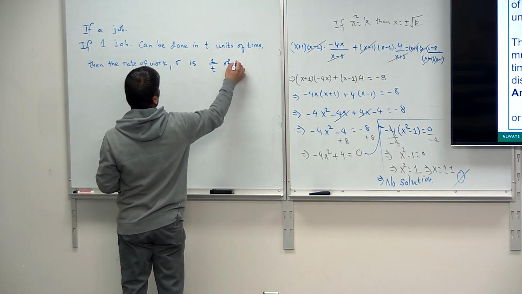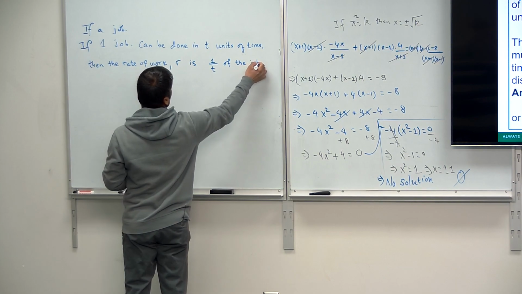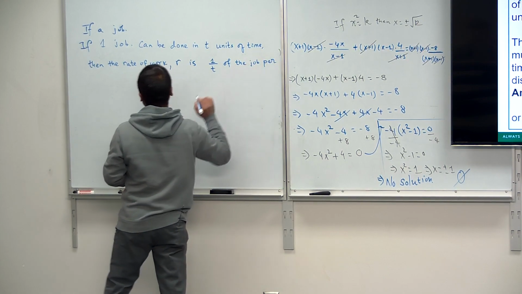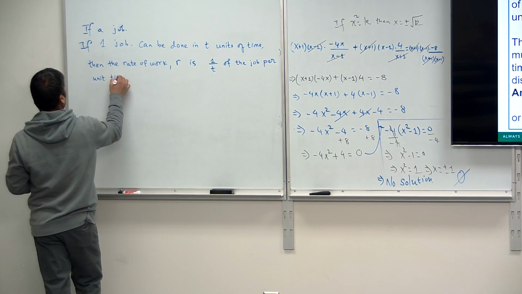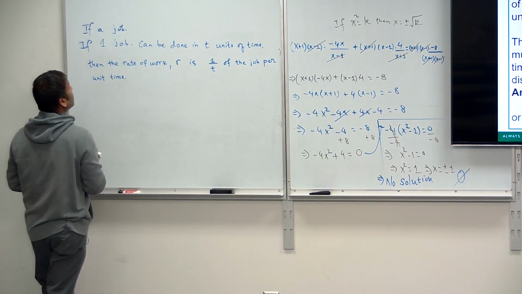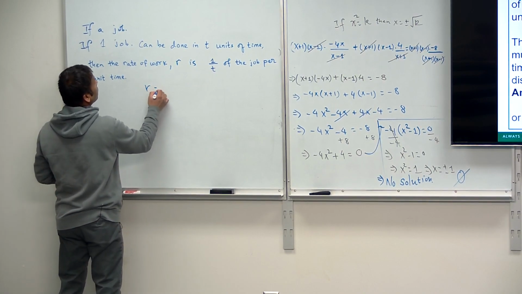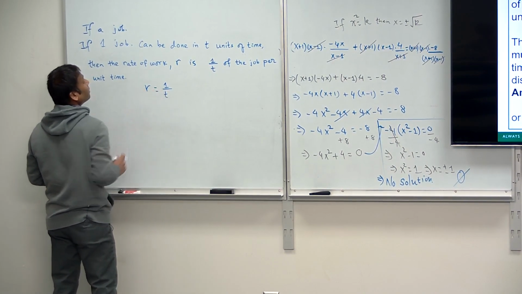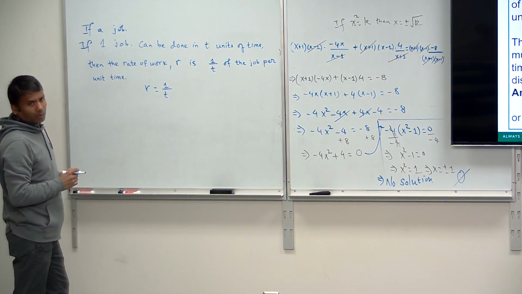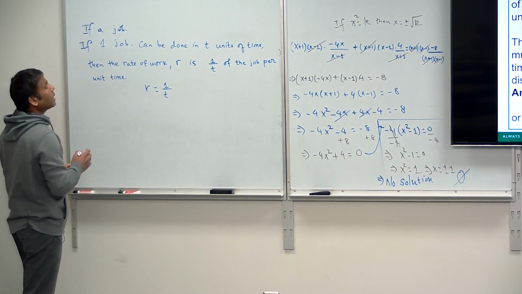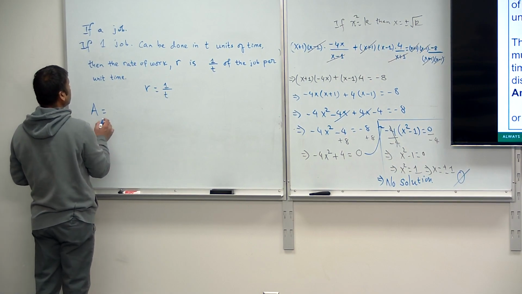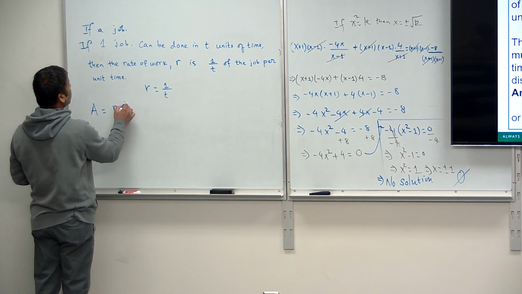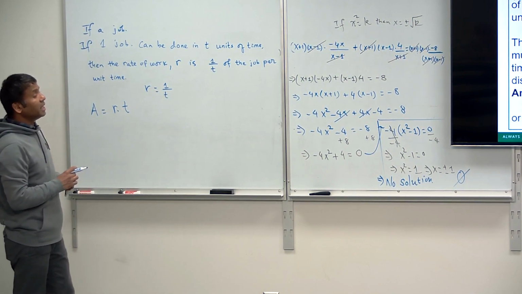1 over t of the job per unit time. So this is now the rate of work R is 1 over t. Okay, and then what you need to know is if A is the amount of work, it's going to be rate of work times t.